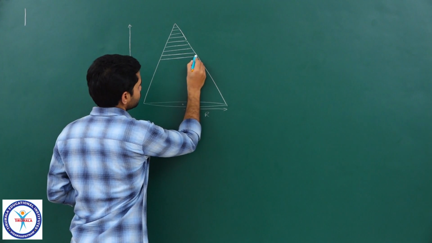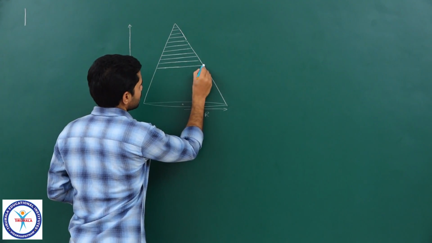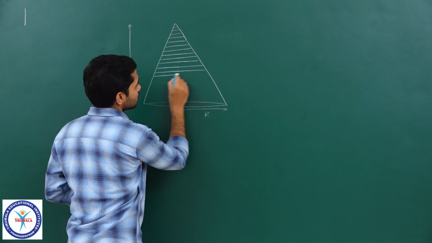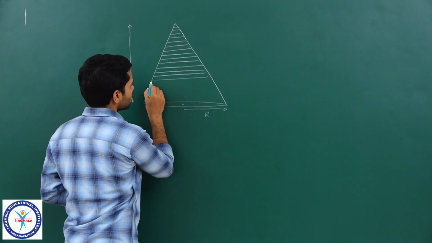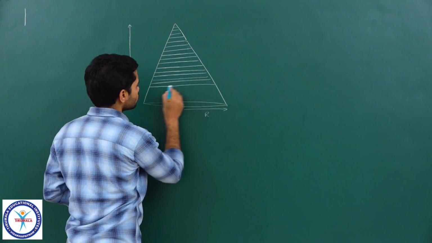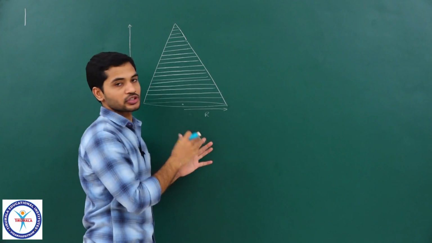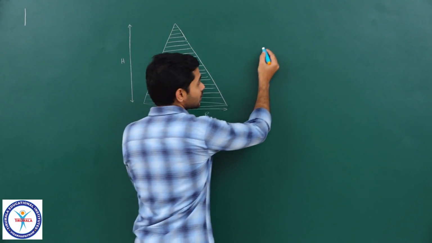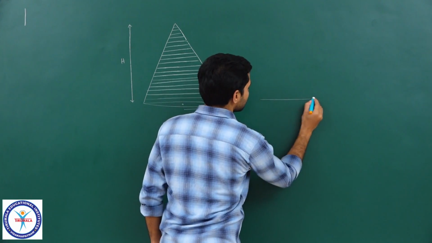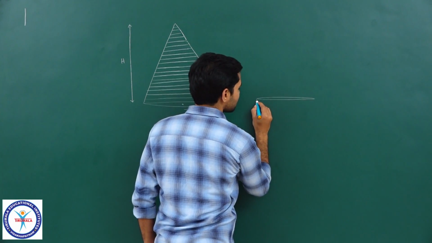Between each two lines, whatever is present in between those two will be in the form of a disk, right? That is how I am visualizing this cone. For example, if I have a disk like this, please observe closely.